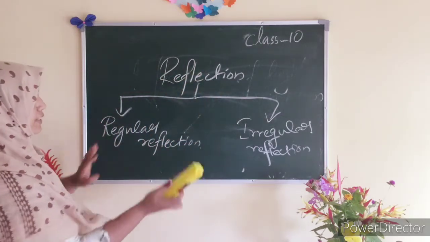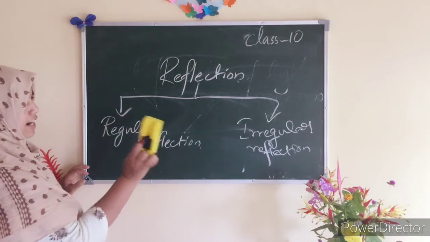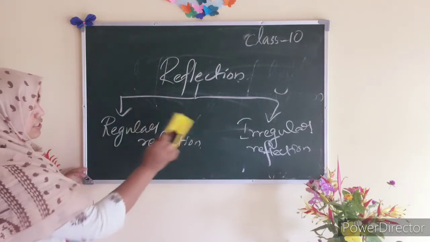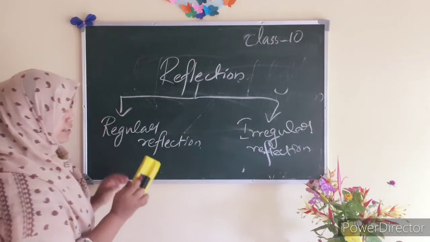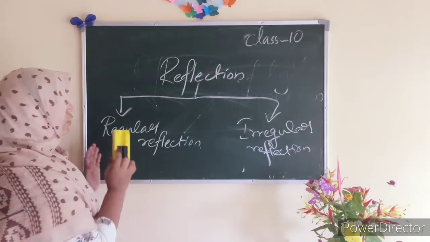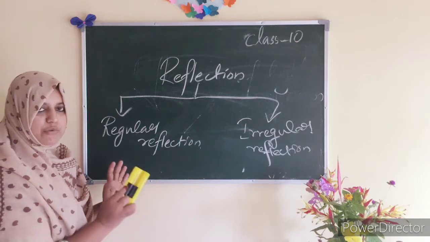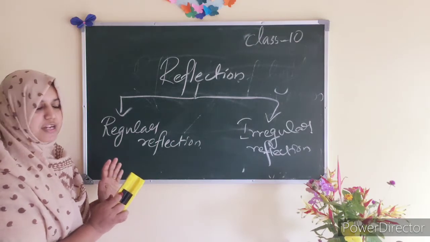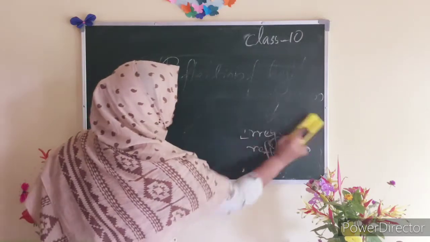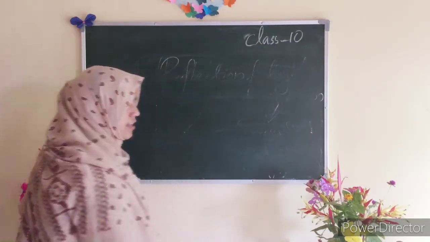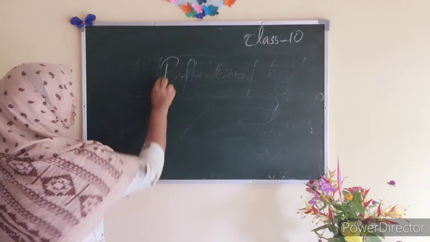Okay, write it down. Reflections are two types: regular reflection and irregular reflection. I gave the definition for regular reflection. Now I am drawing and showing you how this reflection is happening.